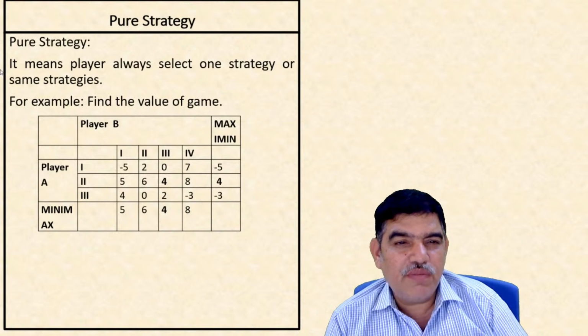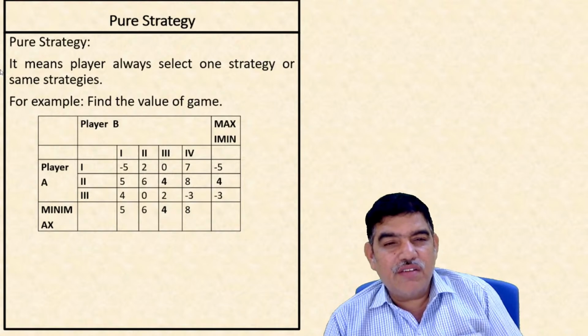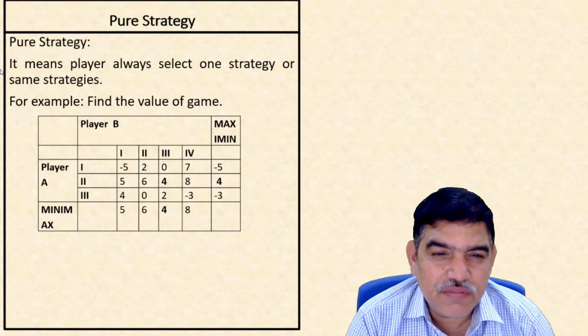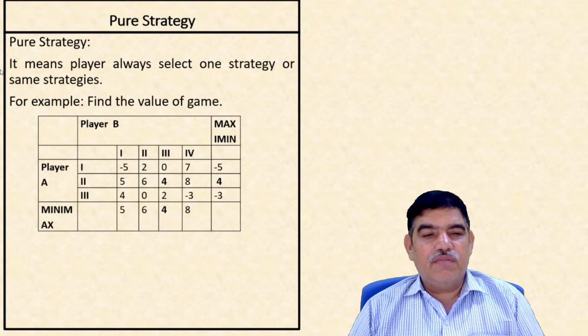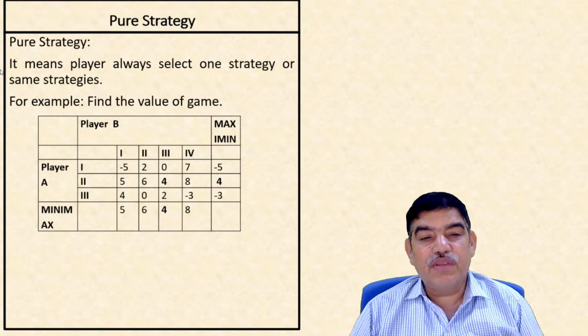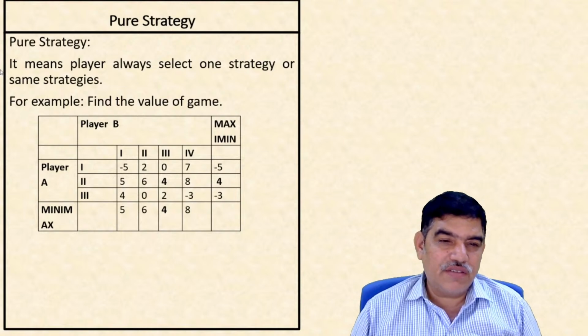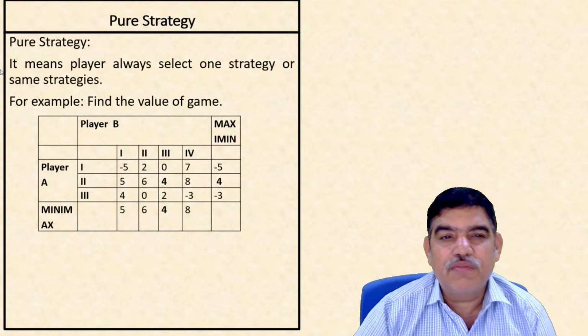Similarly, for strategy 2, 6 is maximum. For strategy 3, 4 is maximum. And for strategy 4, the maximum value is 8. Then we have to calculate the minimum of these: 5, 6, 4, 8. Which one is minimum? 4 is minimum.